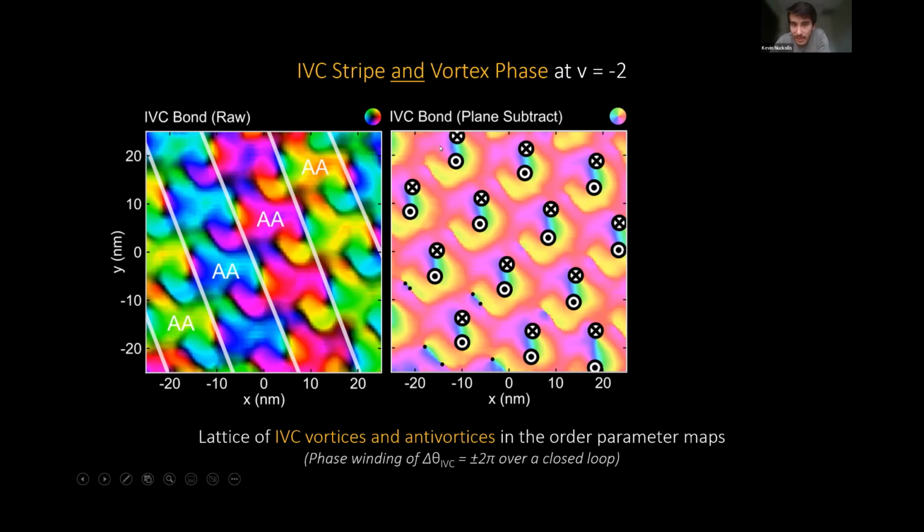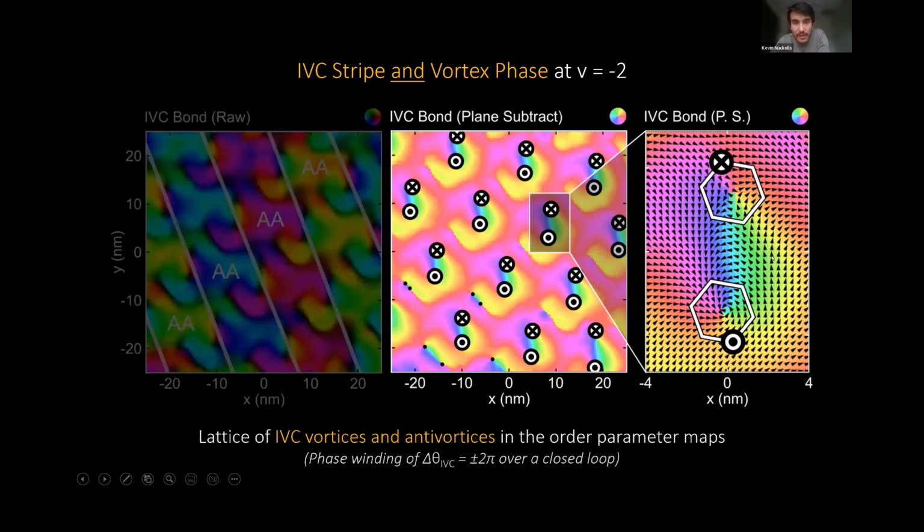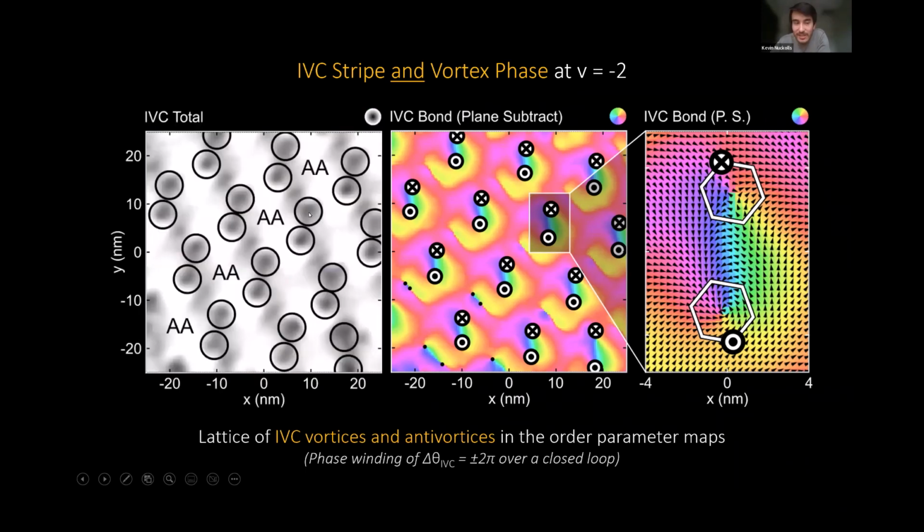That it seems to be a lattice of vortices and anti-vortices, phase windings of the complex order parameter, as seen in this zoom in. So here I'm plotting this quiver plot where the arrow direction denotes the color of the order parameter, the complex phase of that order parameter. And you can find phase windings around the singularity of 2 pi or -2 pi around these specific points in the Moiré superlattice that are very close to deep suppressions in the Kekulé strength.